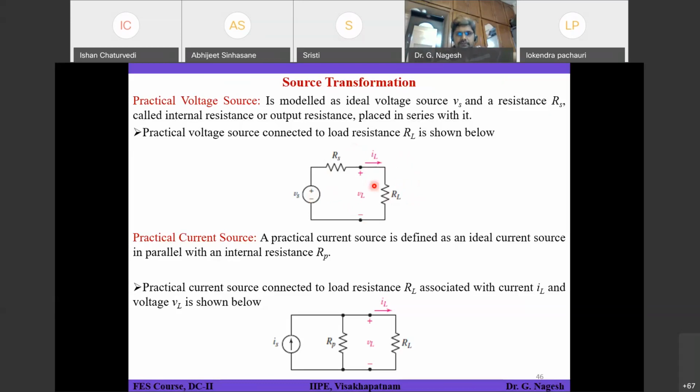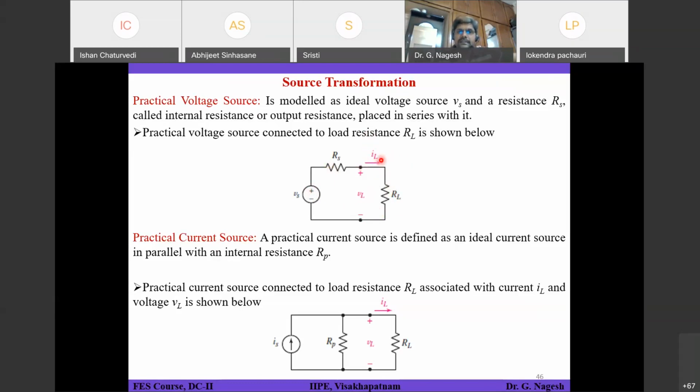If I remove this RL and place a very high value resistance, let's say 100 ohms, what will IL be now? This is 10, this is 0.5, and this is 100, so it will be 10 divided by 100.5. So IL will be some other value. IL is called the load current. Why is it called the load current?